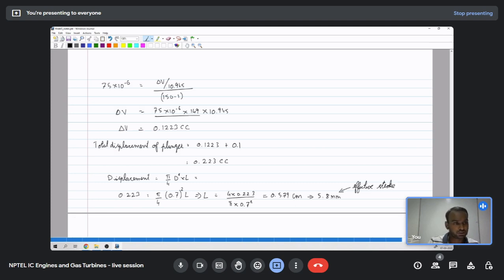If you have any questions on the IC engine topic, or on any other week's content also, you can ask now, because from the next week we will have gas turbines.